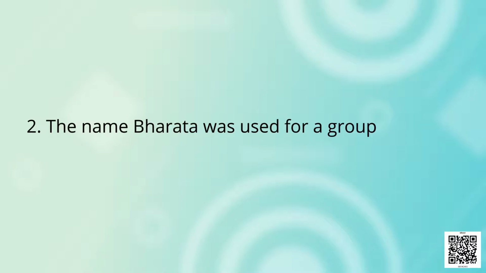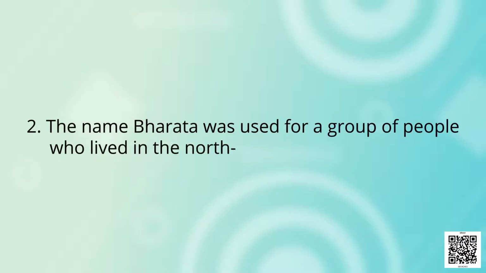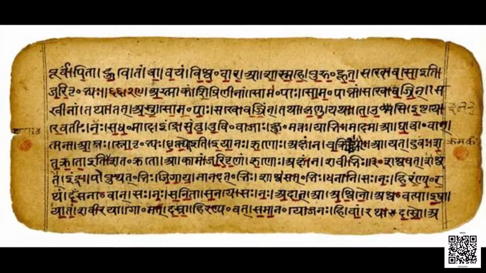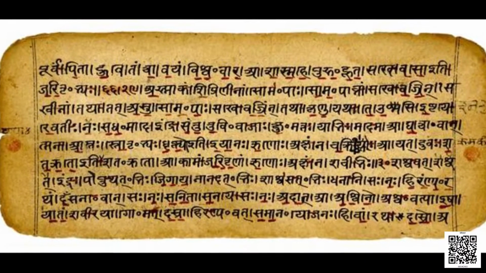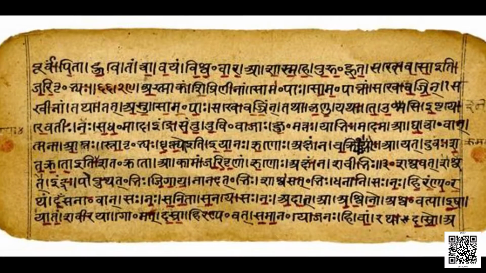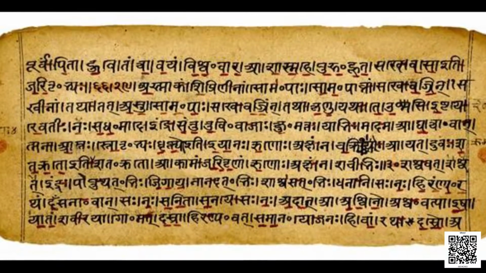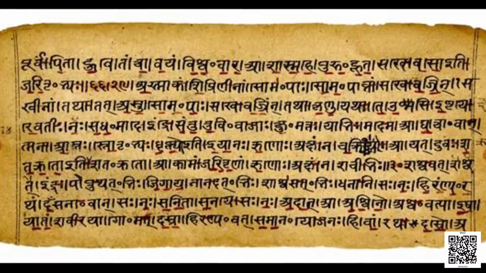They called it the Hindos or Indos, and the land to the east of the river was called India. The name Bharat was used for a group of people who lived in the northwest and who are mentioned in the Rig Veda, the earliest composition in Sanskrit, dated to about 3500 years ago. Later, it was used for the country.